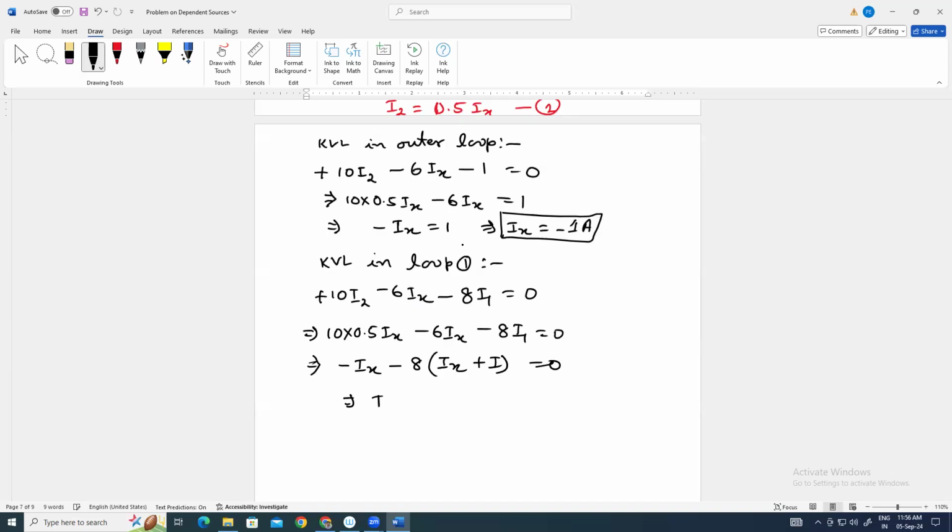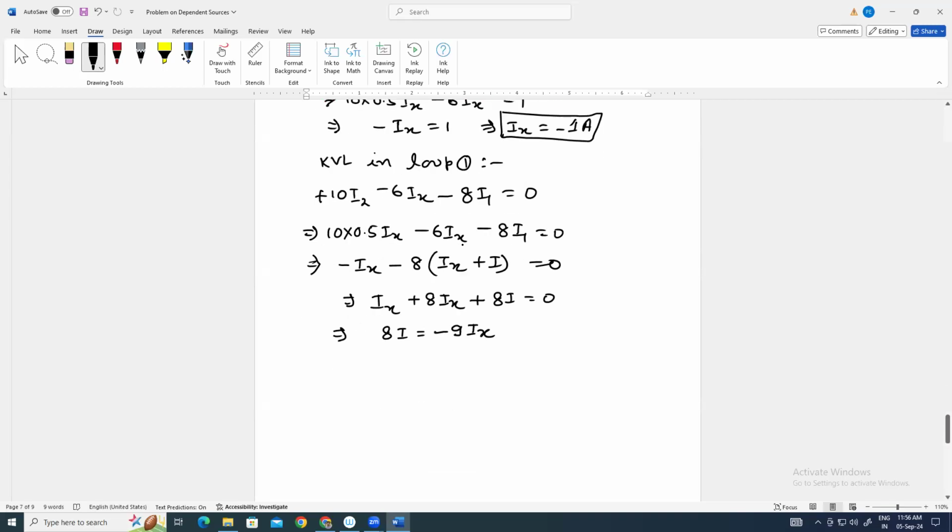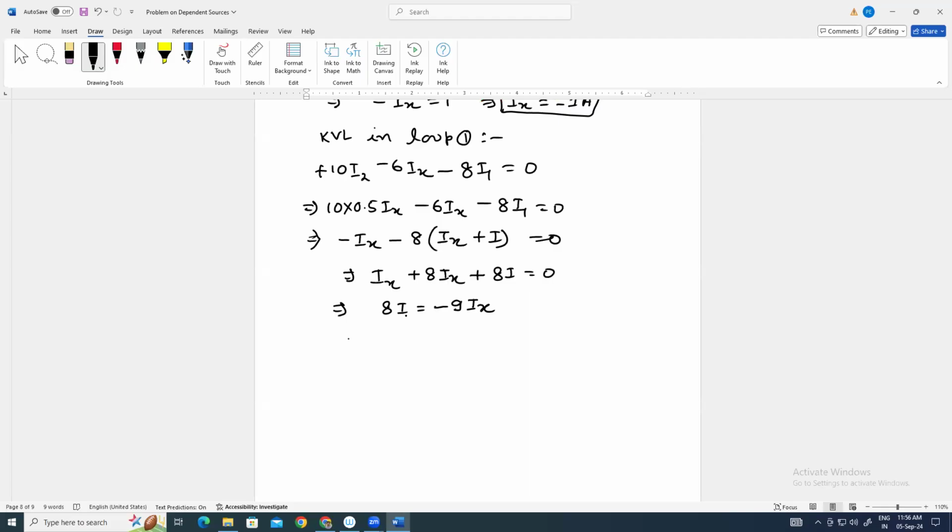So further solve करेंगे, minus Ix minus 8Ix minus 8I is equal to 0. अब 9Ix, 8I is equal to minus 9Ix. अब Ix का value हम put कर देंगे -1 ampere. सो हमको केवल I के form में मिलेगा. 8I is equal to minus 9 into minus 1, that is 9. So 8I is equal to 9.